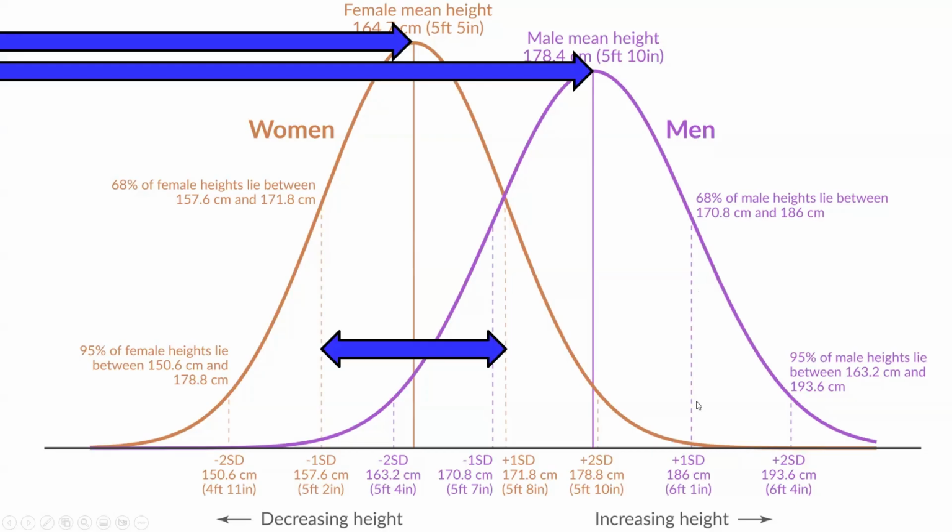And we have this dotted line here, which is 1 standard deviation above the male mean in height. And then we have this purple line right here, which is 1 standard deviation below. If we take a look at how far apart those two are, and then compare those two arrows, you'll see that the curve for male heights is more spread out. It's wider. It has more variability. It has a greater range.